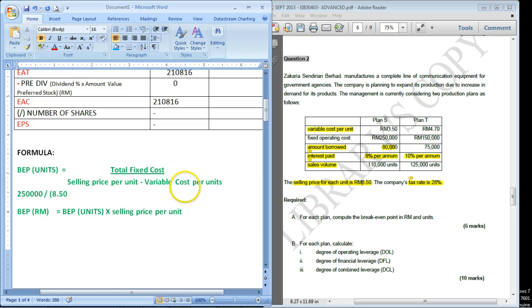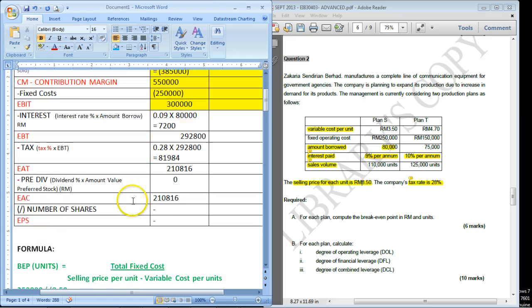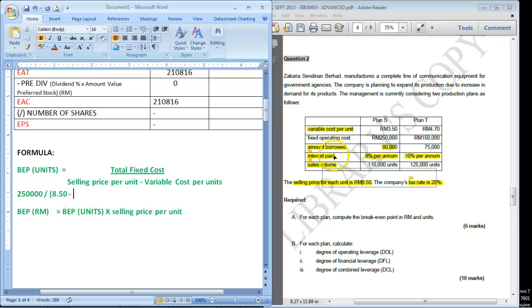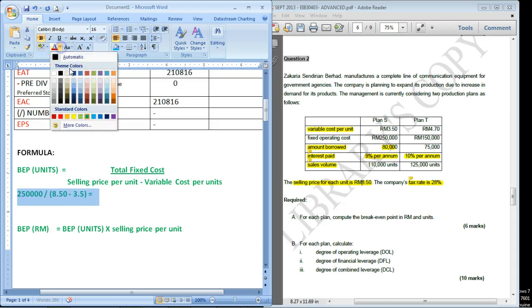I'm not using the total as stated in this income statement, because this income statement considers totals, class. Minus your variable cost per unit, 350. Then you get your answer. Most of the students make a careless mistake. Why do I say it's careless?